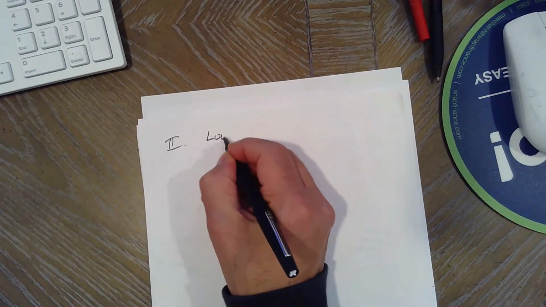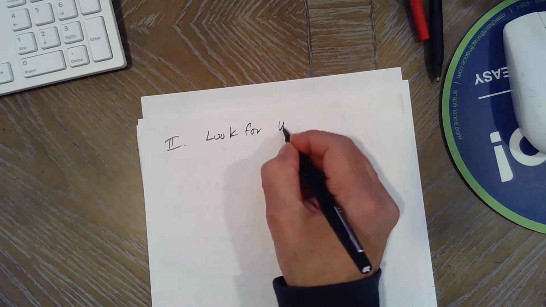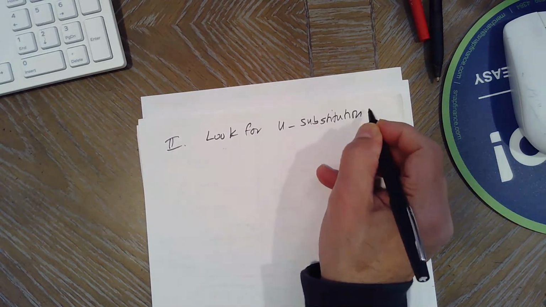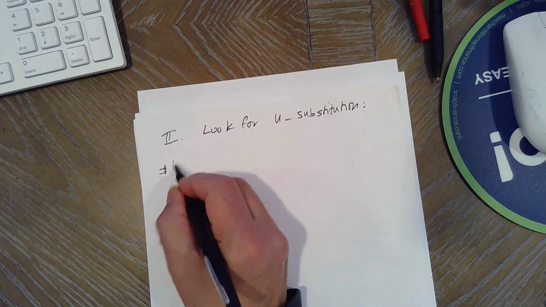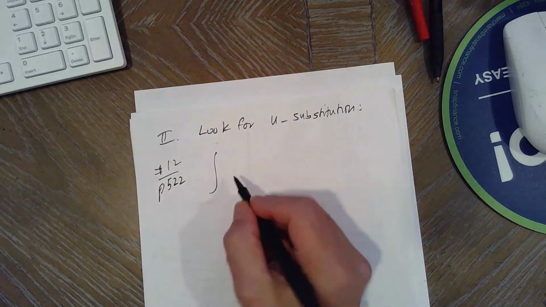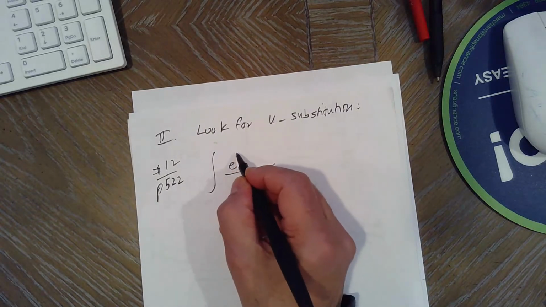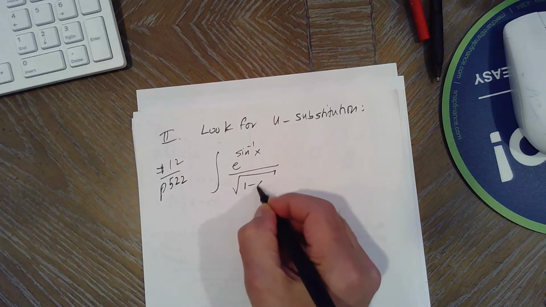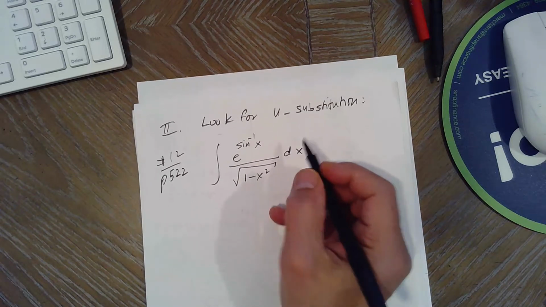Step 2, look for u substitution. Again, you do the easiest ones first that you can. So for example, number 12, page 522. If I want to integrate, say, e to the sine inverse x over square root of 1 minus x squared dx.